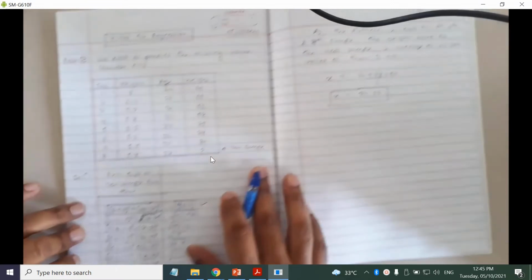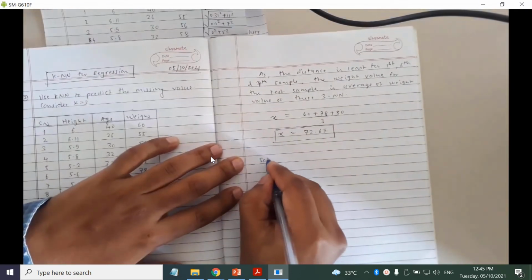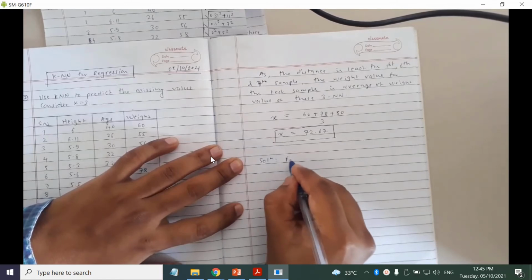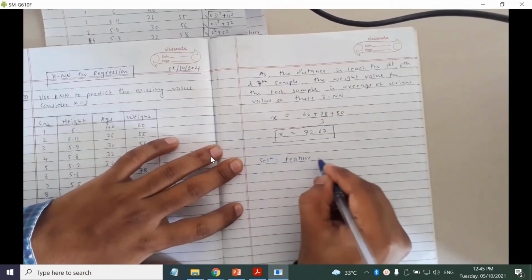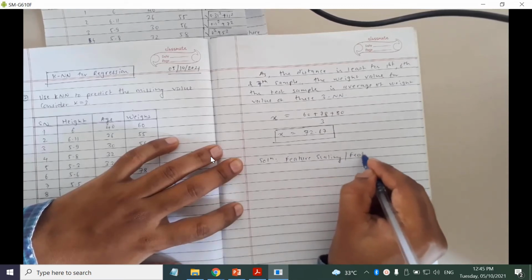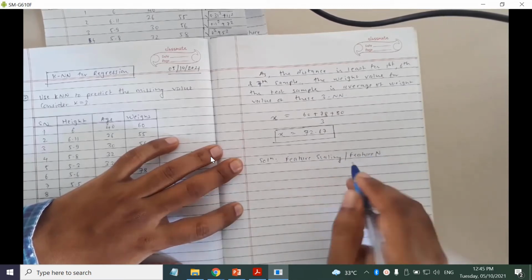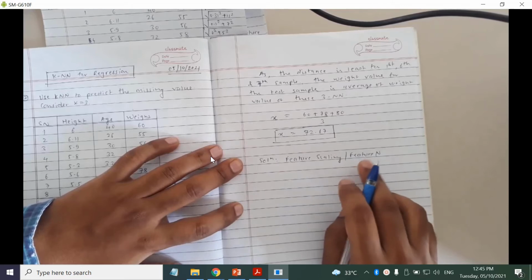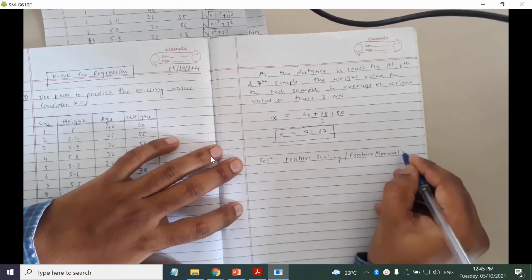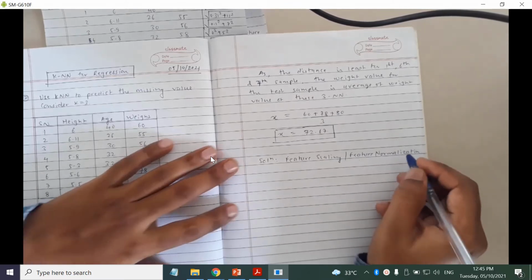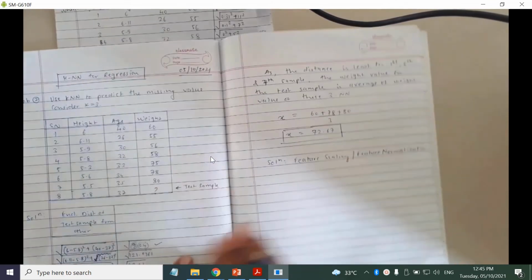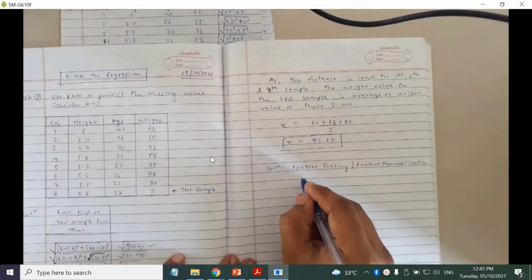So what we do generally, the solution is feature scaling or feature normalization. This will be your pre-processing task. In normalization, we scale every attribute into one common range, let's say 0 to 1.